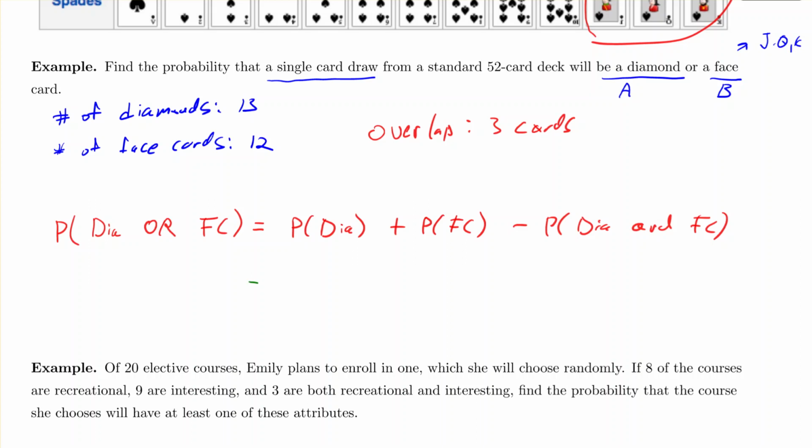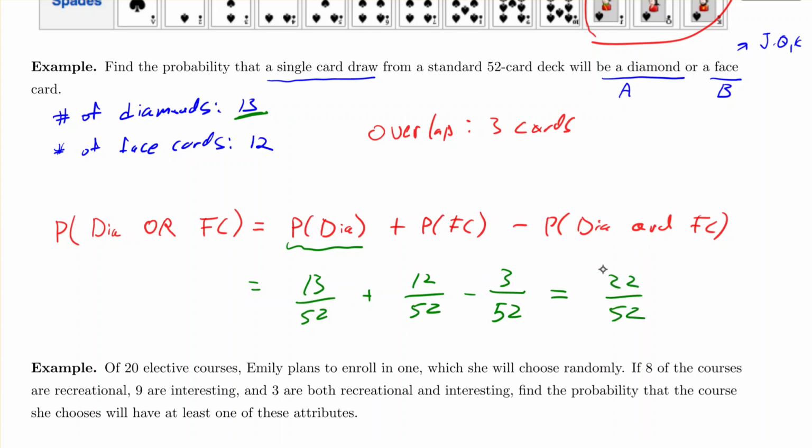So let's calculate each of these. Diamond, there's a total of 13 out of 52 cards. For face cards, there are 12 out of 52. Diamond and face cards, there are a total of 3. So we calculate this, we get 22 out of 52. So that's the probability.